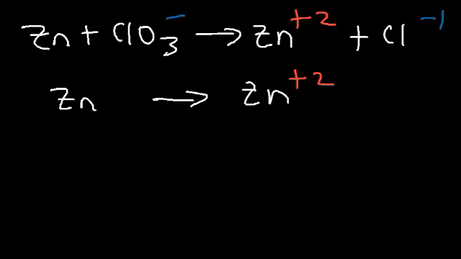We have one zinc particle on both sides, but the charges are imbalanced. On the left side, the total charge is 0, but on the right side, the total charge is 2. These two numbers differ by 2, so we need to add 2 electrons. Always add the electrons to the side with the higher charge. In this case, the right side.